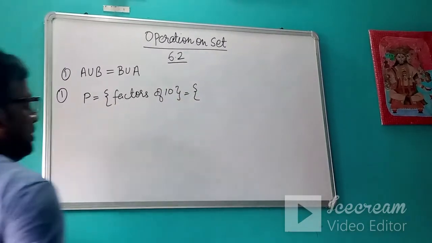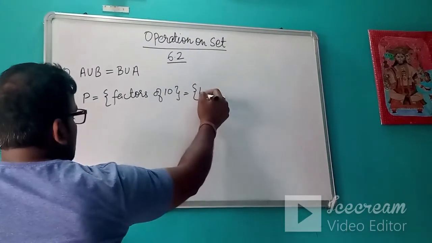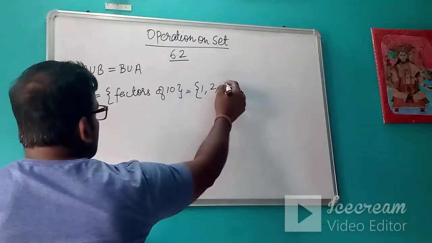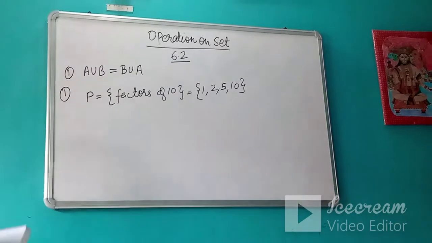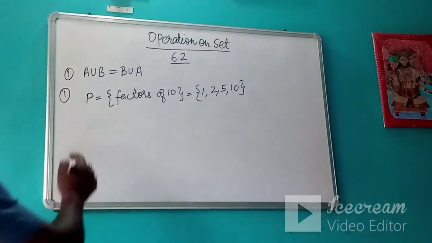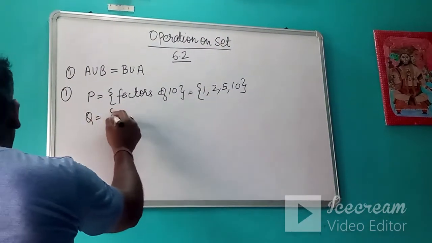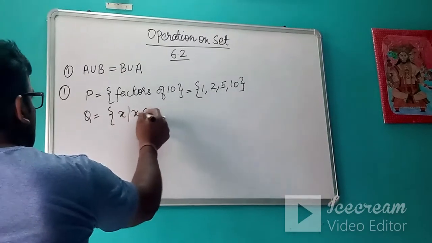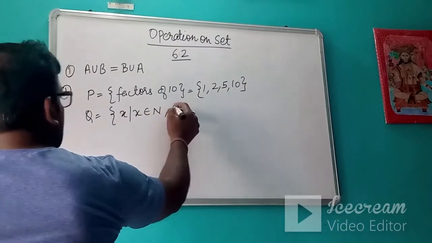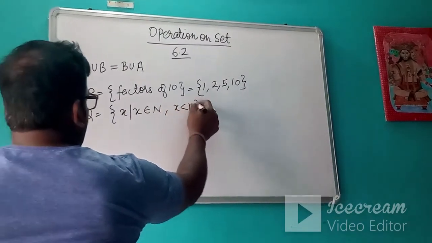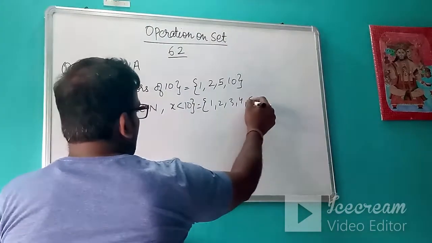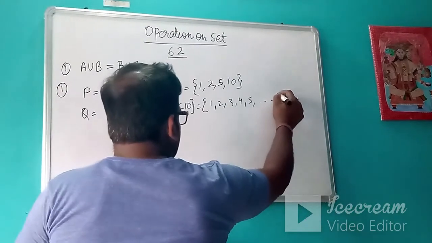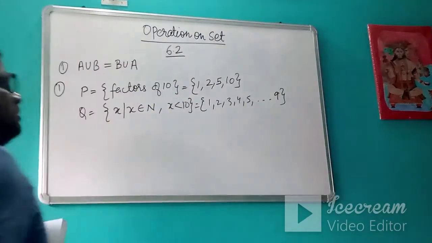This is in description method, so first we have to convert it into the roster form. This is your set P, and Q is such that it is a natural number less than 10. That means 1, 2, 3, 4, 5 until 9 we will write.